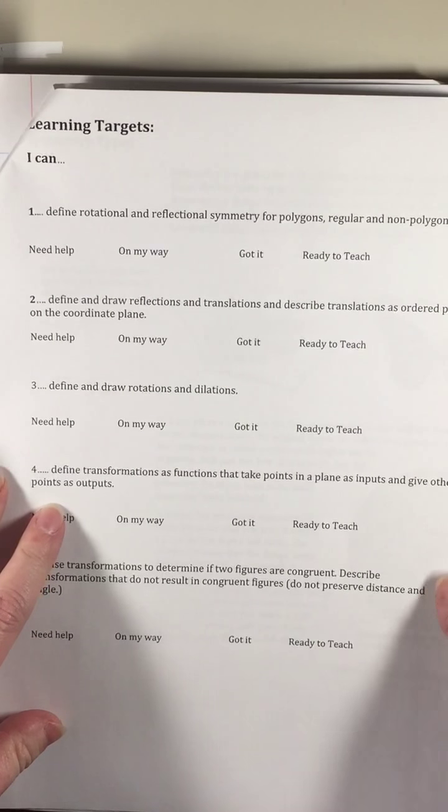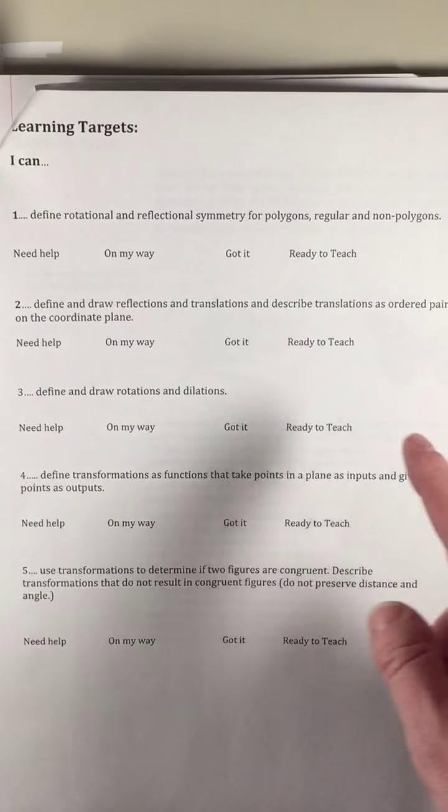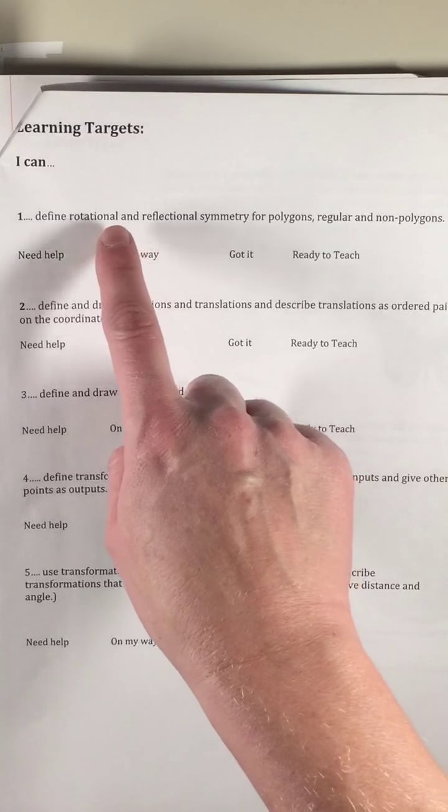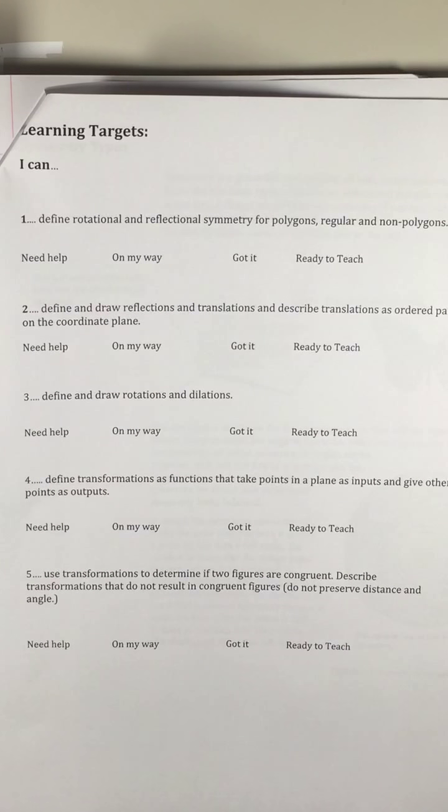So really the first thing that we're going to do while I'm gone is the first two learning targets. So you're going to define rotational and reflectional symmetry for polygons, regular and non-regular polygons. You're going to define and draw reflections and translations and describe translations as ordered pairs on the coordinate plane. So that's what we're going to get to before break.